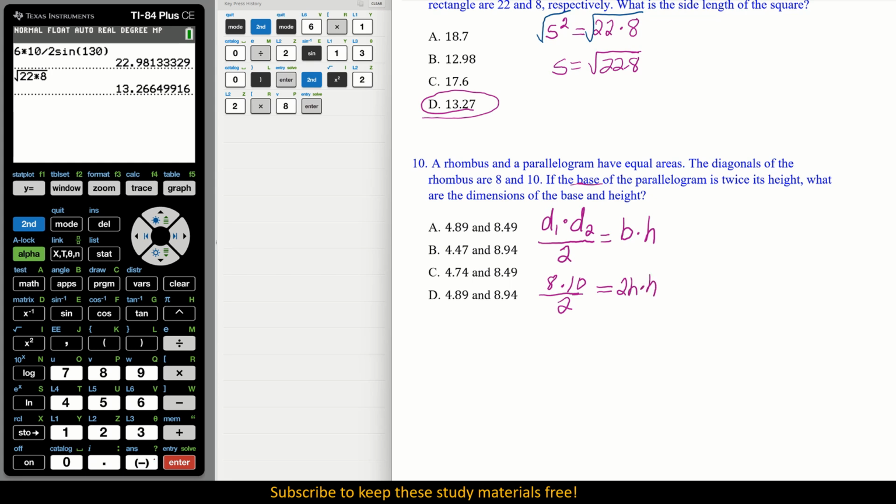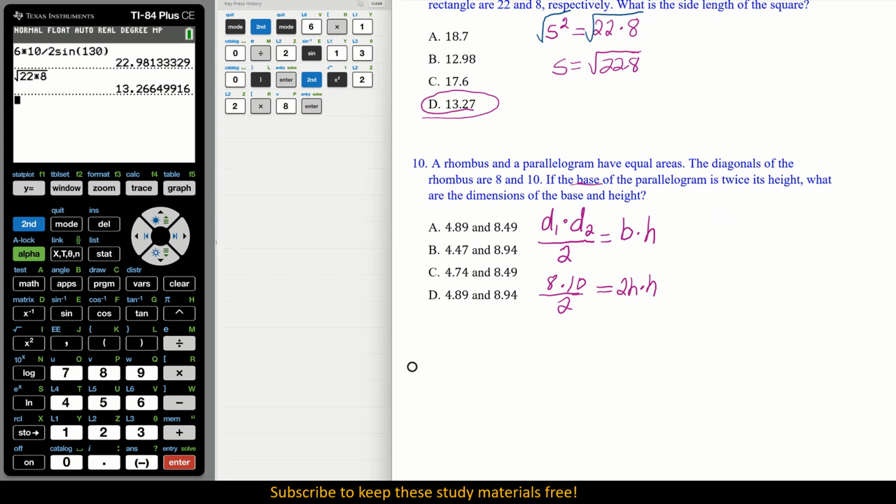Now over here on this side, I'm going to set up where it says what we need. What are the dimensions of the base and height of the parallelogram? Now for the parallelogram, we know it's base times height. Okay, but, oh, no, not the area. I'm sorry.